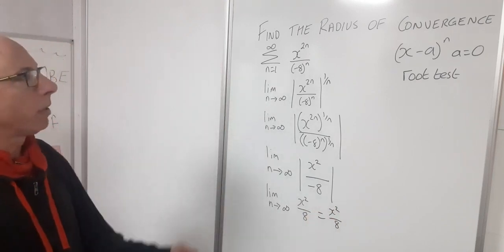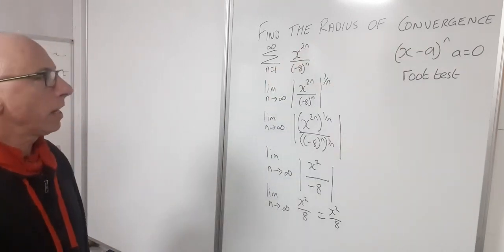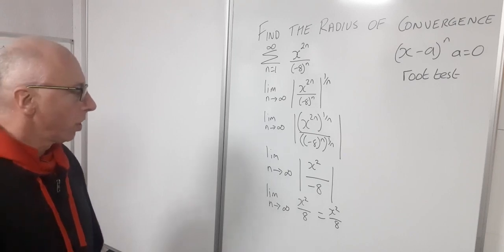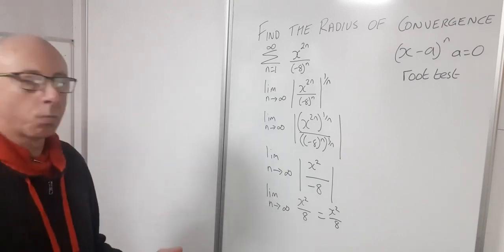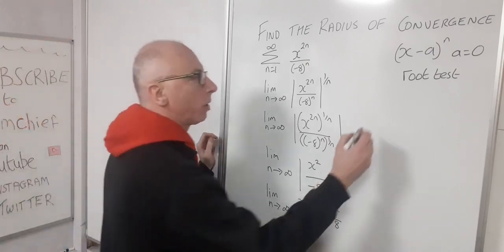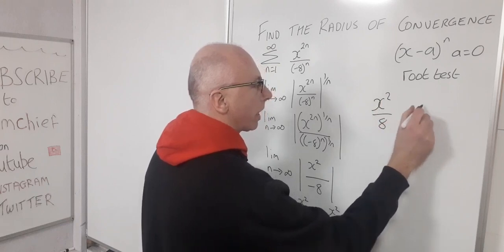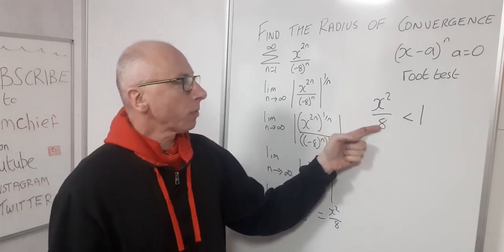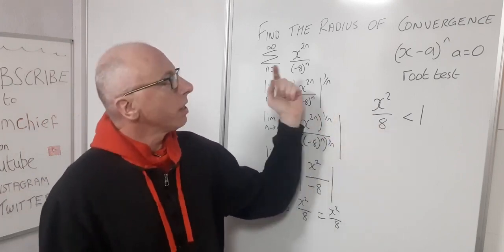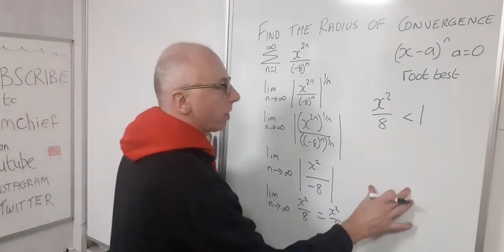Now we're interested in a radius of convergence. For any power series to converge, we need our limit to be less than 1. So we set x squared over 8 to be less than 1. That way, for all the values of x for which x squared over 8 is less than 1, this series will converge.